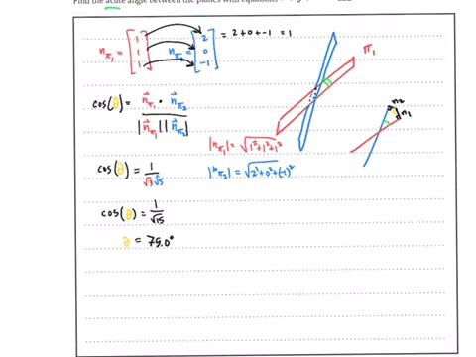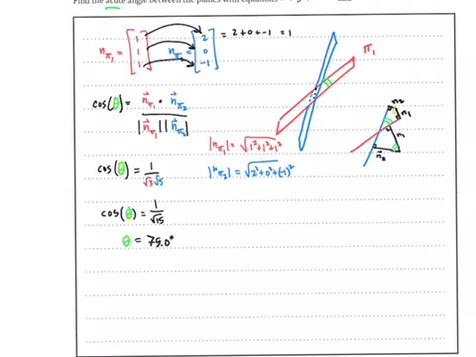Really what we've done is we've found the normal here to pi 2 and the normal here to pi 1, and we found this green angle here, and that green angle there is going to be equal to that green angle there. Okay, so I didn't mislead you entirely, but where I sketched the normals I did.